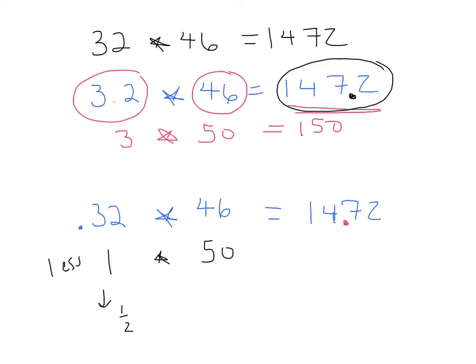This is another way. Every single time, you can say to yourself, what are the numbers, which you can figure out, and then about where is my answer going to be by using estimation, and then put the decimal in.